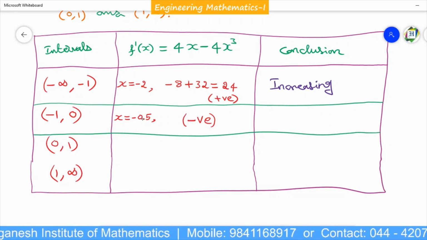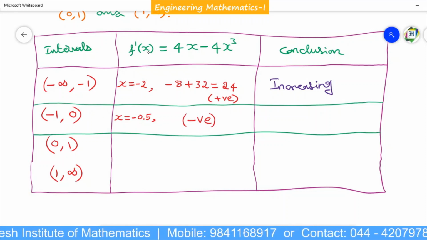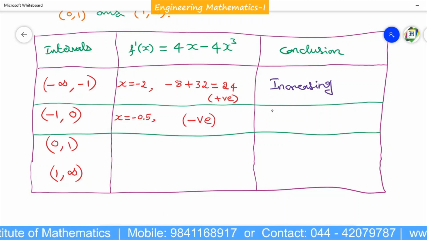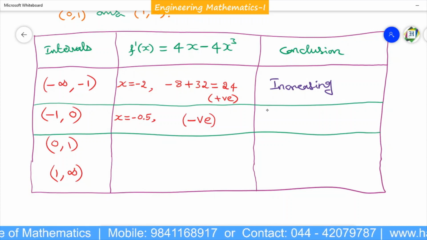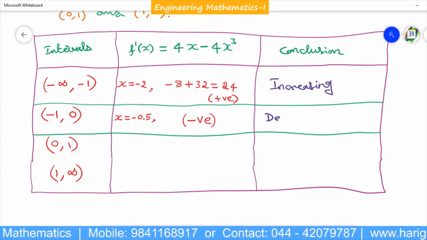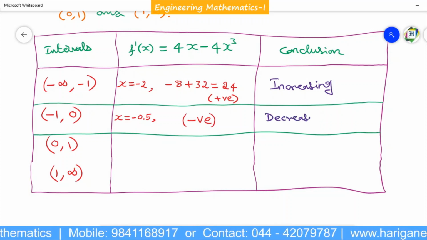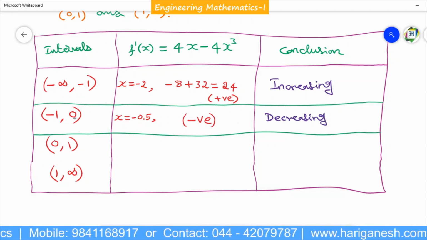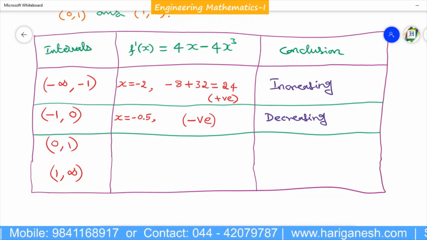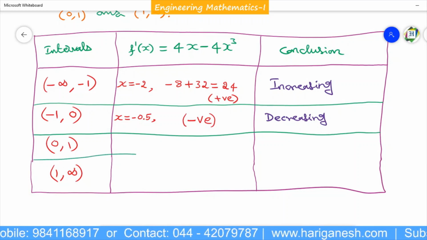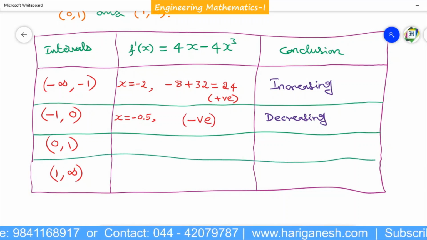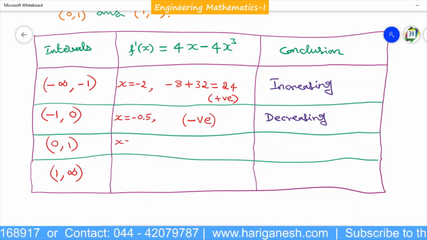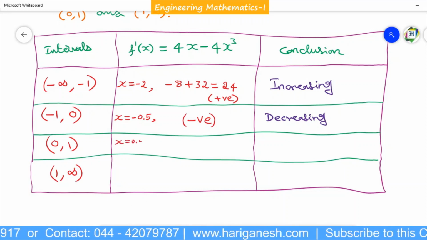So in this interval, I am getting negative for f dash of x, so the function is decreasing. So the curve is decreasing in the interval minus 1 to 0. Okay, similarly, for the next interval 0 to 1, I can choose 0.5.